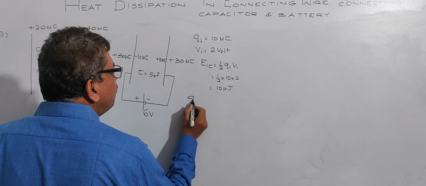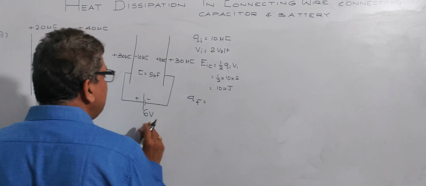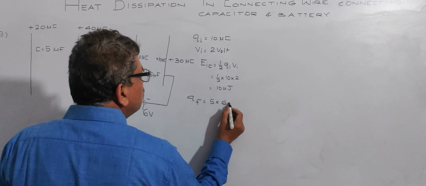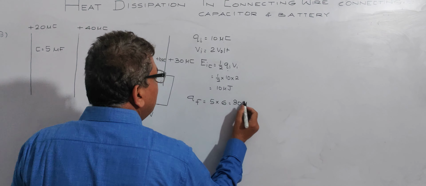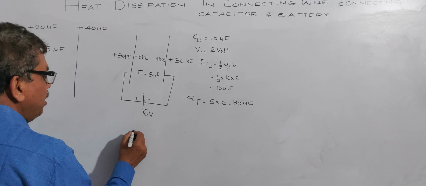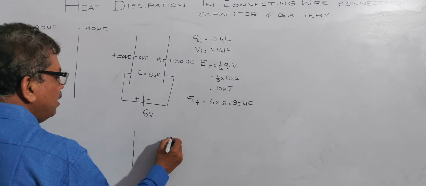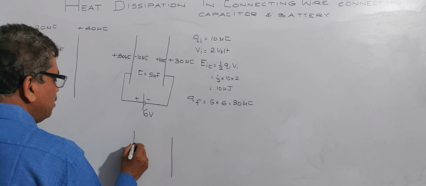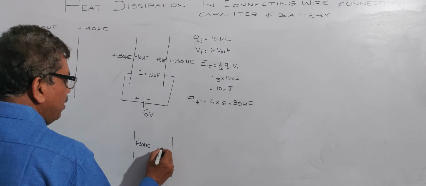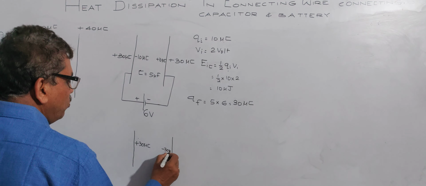The final charge is now C times V, 5 times 6, so 30 microcoulomb. Since this side is positive, it will have 30 microcoulomb and this will have minus 30 microcoulomb.